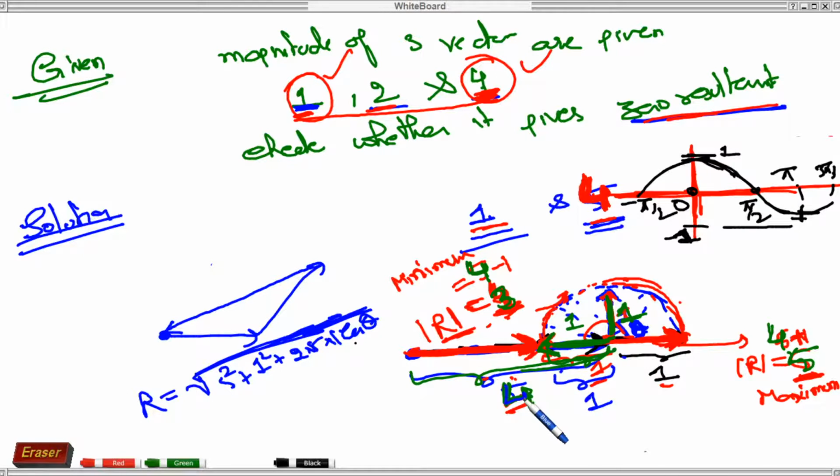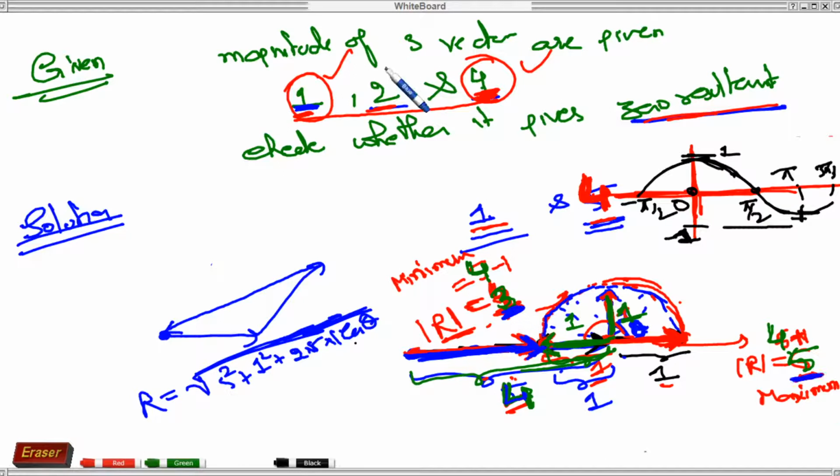So like minimum magnitude, if this is the resultant vector, so minimum value is 3 and maximum value is 5.